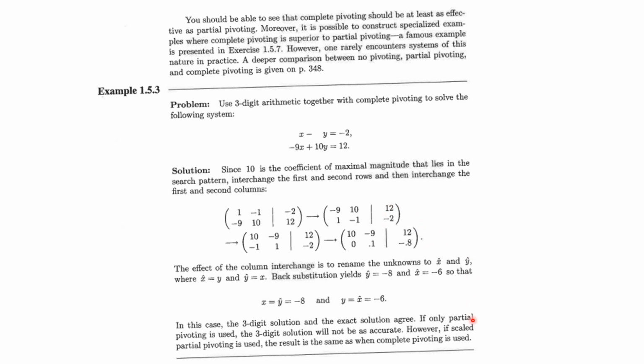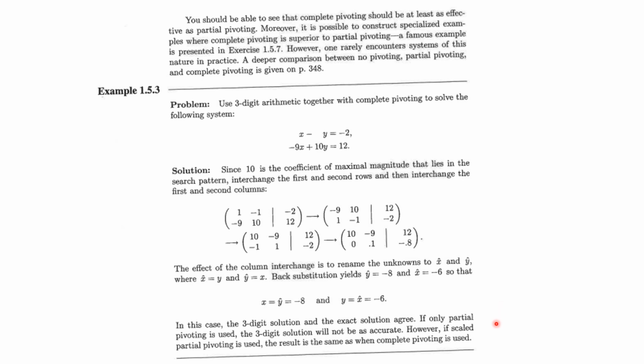The effect of the column interchange is to rename the unknowns to x hat and y hat, where x hat is y and y hat is x. Back substitution then tells us that y hat is -8 and x hat is -6. And so that means that x is -8 and y is -6. And in this case, it agrees with the exact solution.